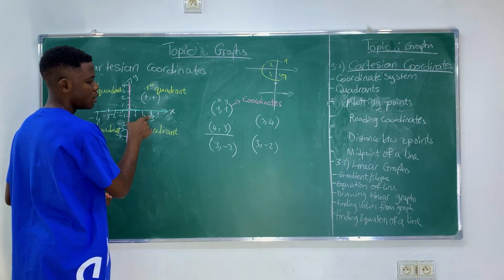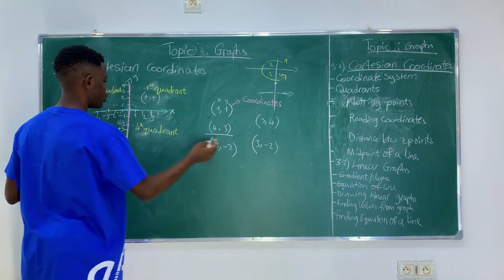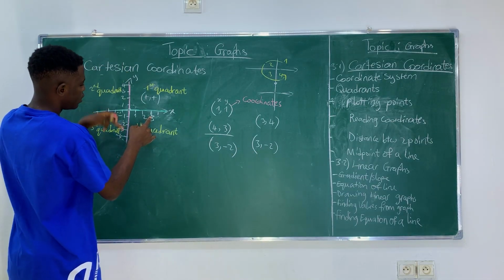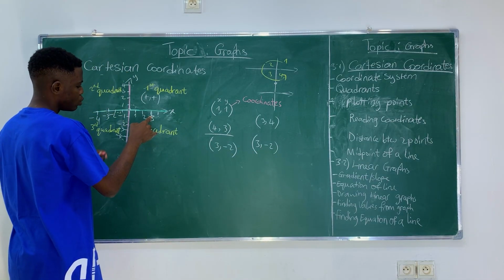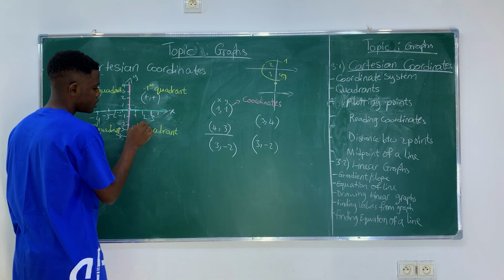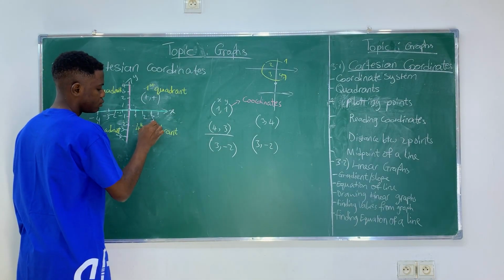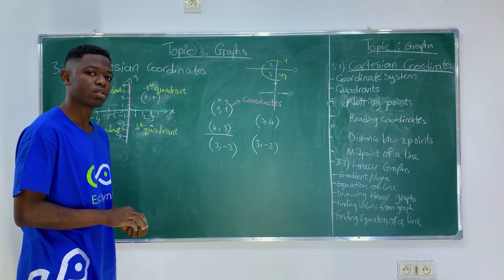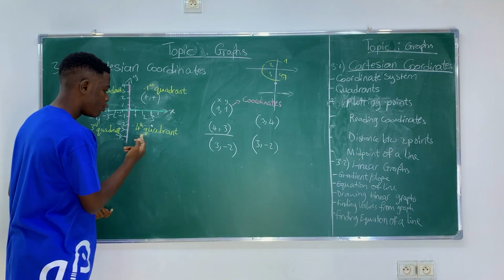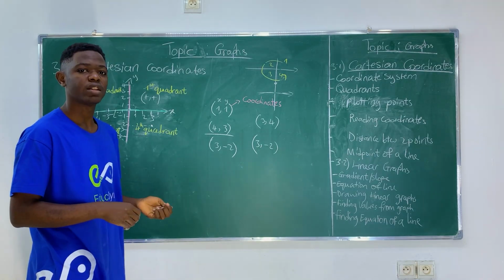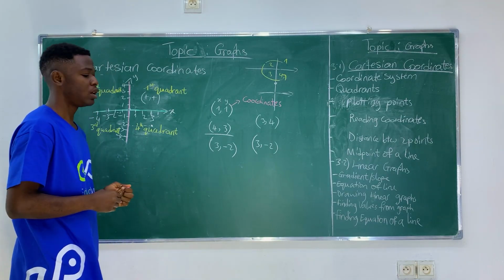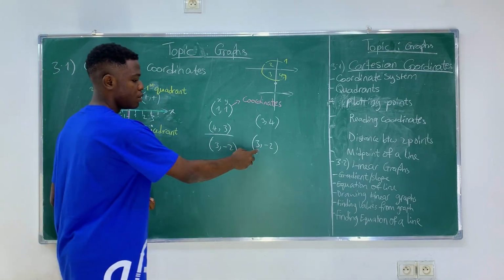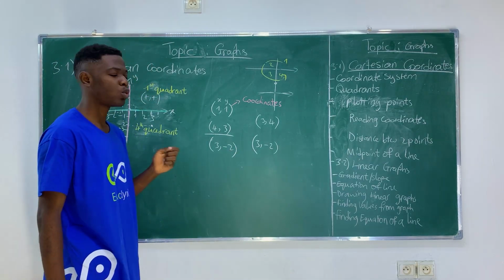You know this is 3. Our y is minus 2. Where is minus 2? This is minus 2 on the y. So it is here. In which quadrant is that? You can see that it is in the fourth quadrant. The point 3 minus 2 is located in the fourth quadrant.